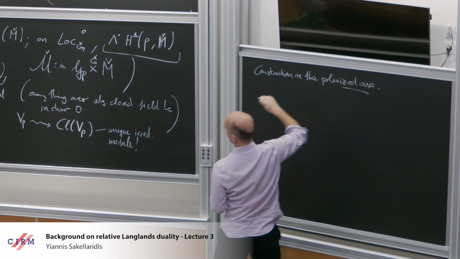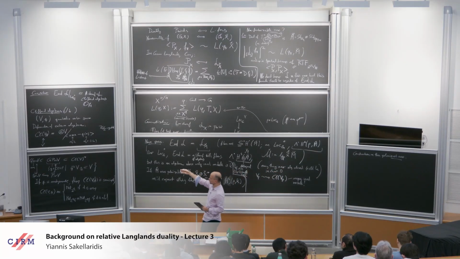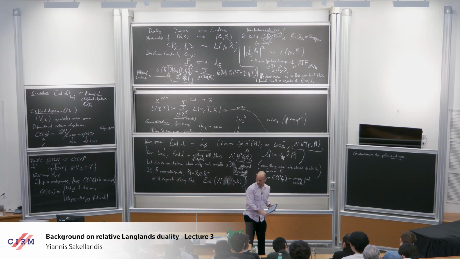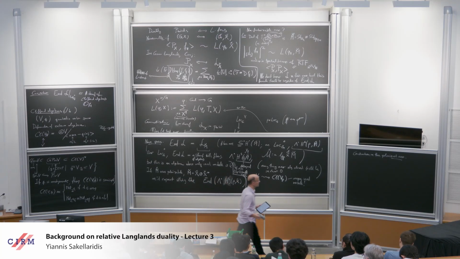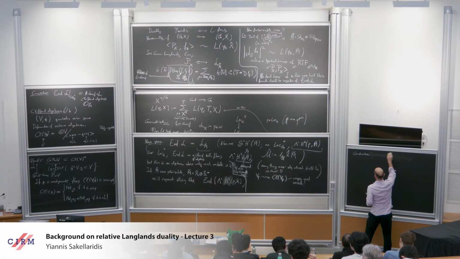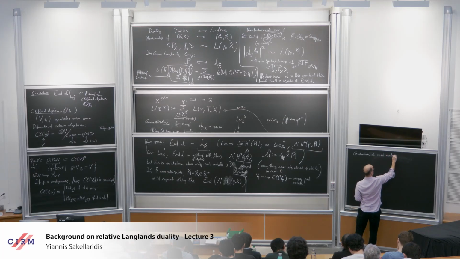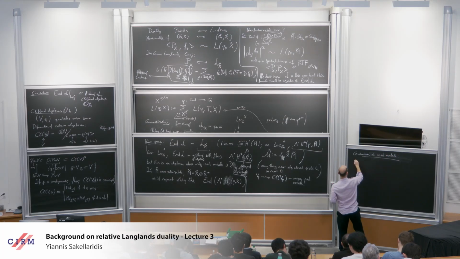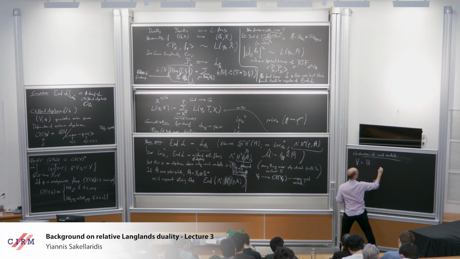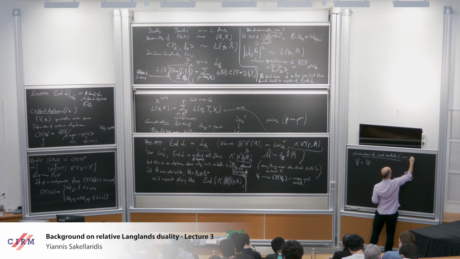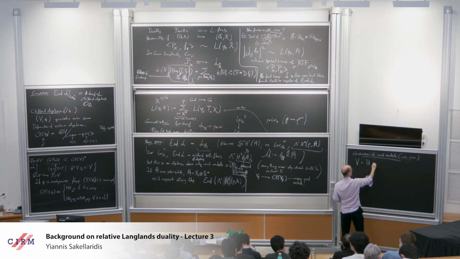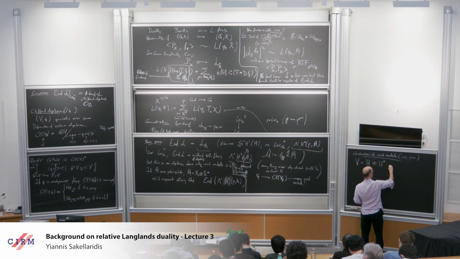Since we are over an algebraically closed field, I can take a decomposition of my space into maximal isotropic subspaces, even in the even case, let's say.